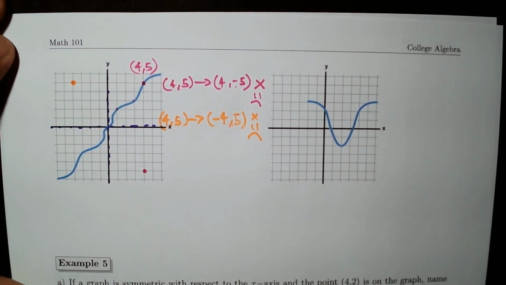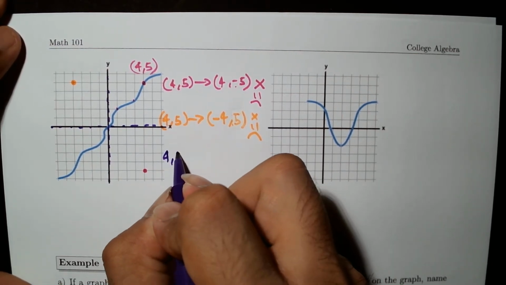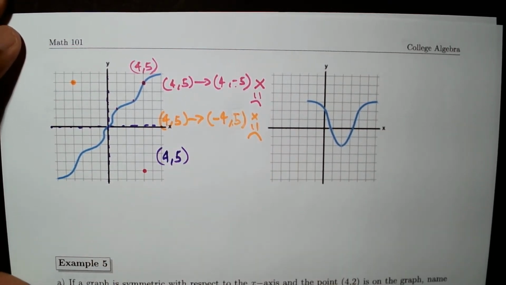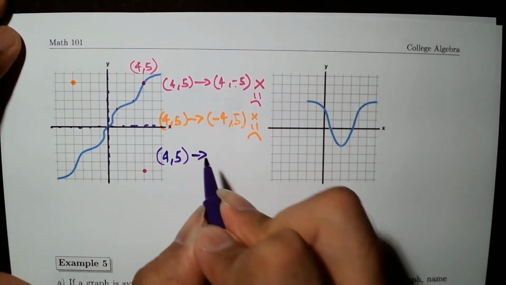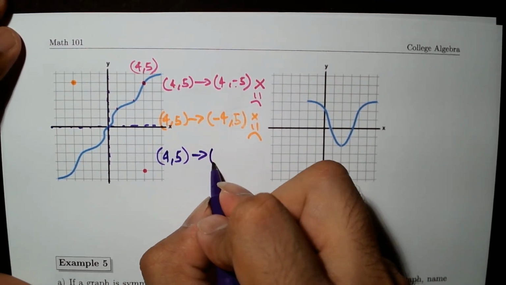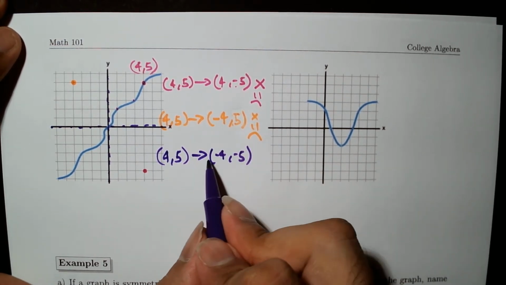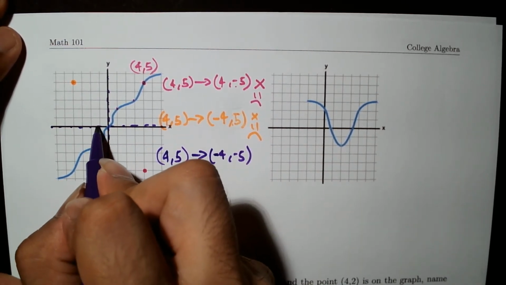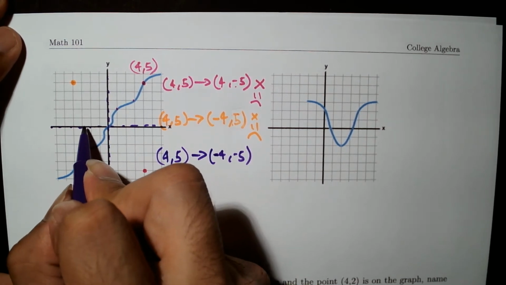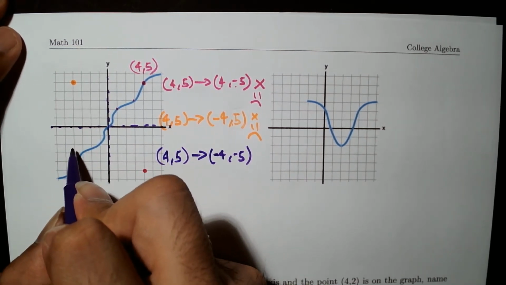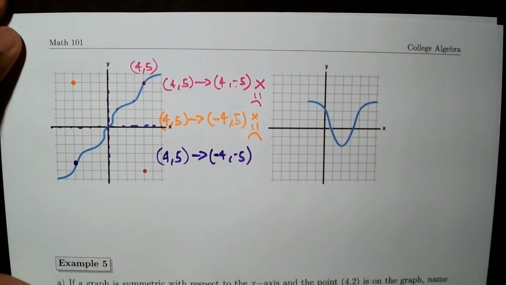Okay, let's do now symmetry about the origin. So I'm going to go to the point -4 comma -5. And oh, surprise!